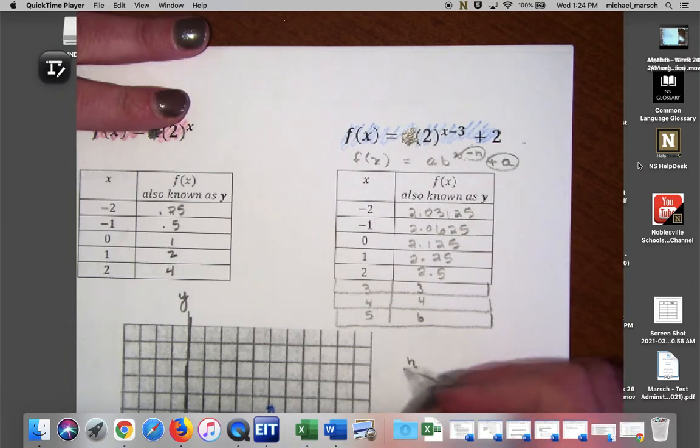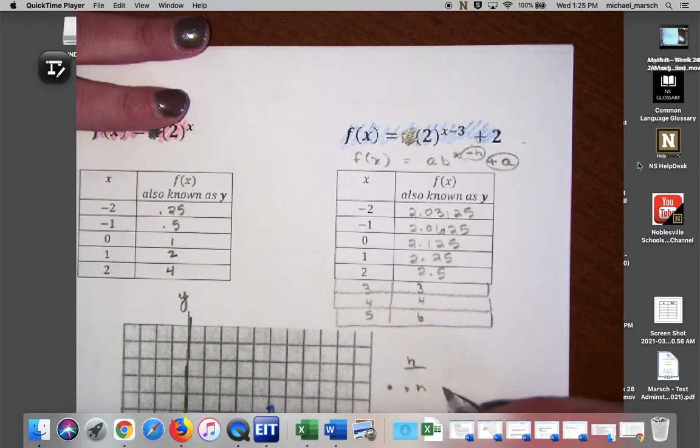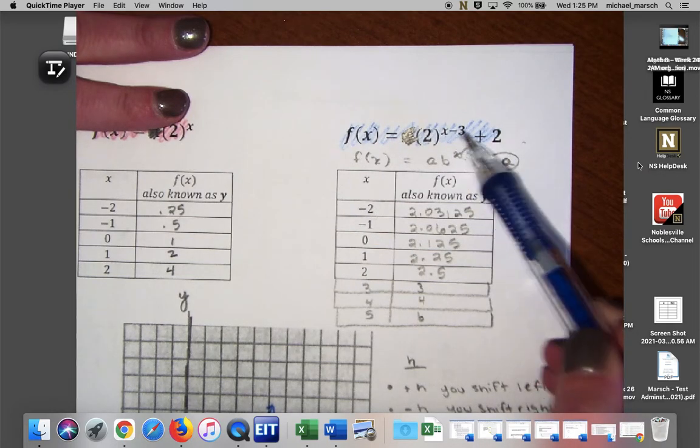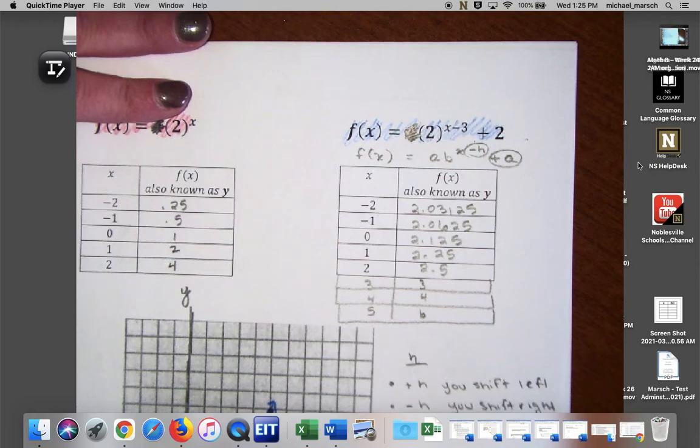So if it's plus h, oddly enough, you shift left. If it's minus h, you shift right, which we can see up here. We have -3 and our graph shifted to the right, correct?